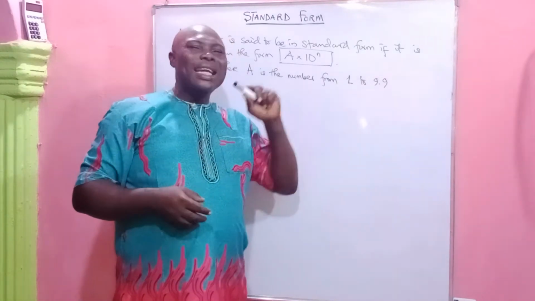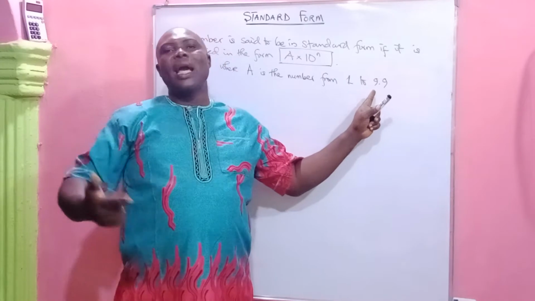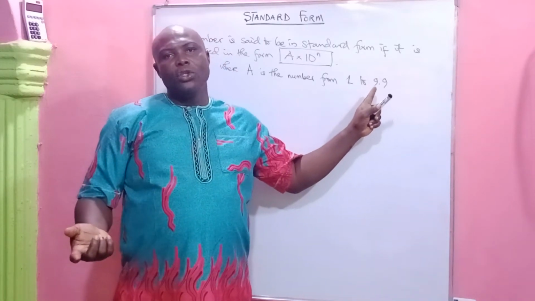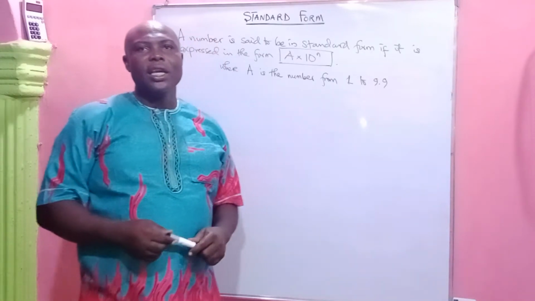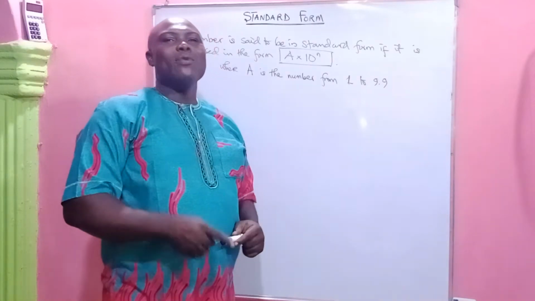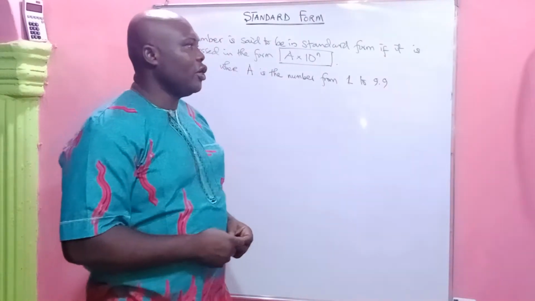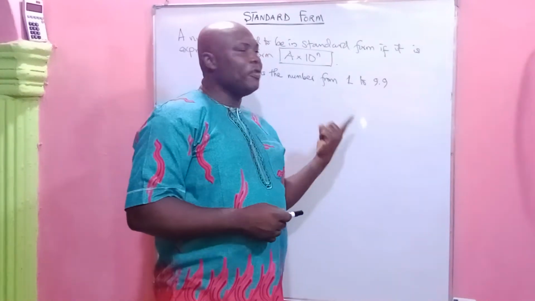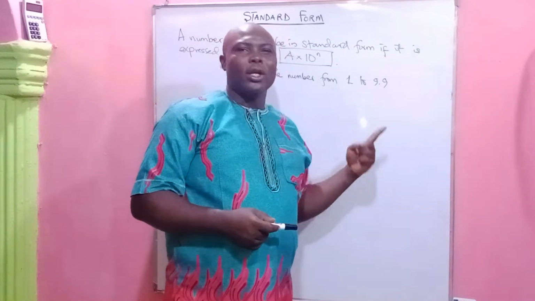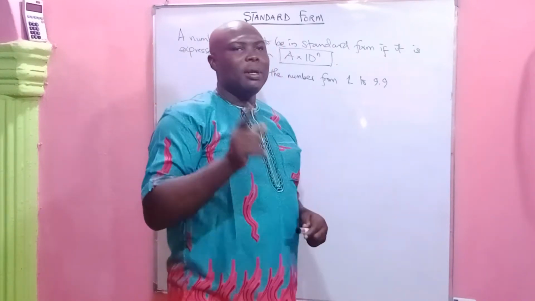So your a will never exceed 9.99. Please take note of that. So it means a will always be a number in one significant figure. It will be expressed in one significant figure, 1 point or 2 points or 3 points or 9 points. Please take note of that.